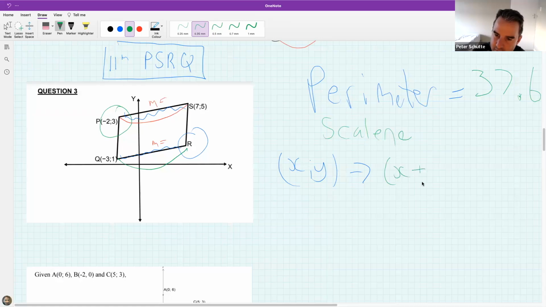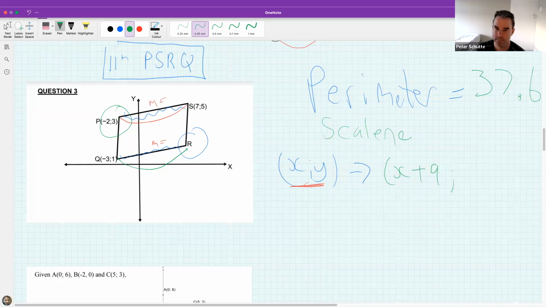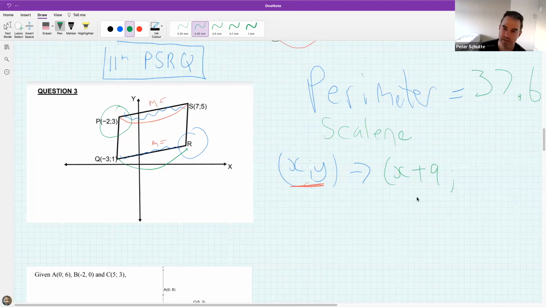So what we do is we say x plus 9 is the journey, the red journey, basically, the one to go from here to here. How much does my y coordinate change to go from P to S? So to go from 3 to 5, I have to go up by 2.